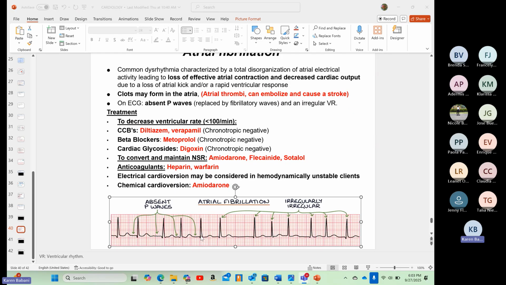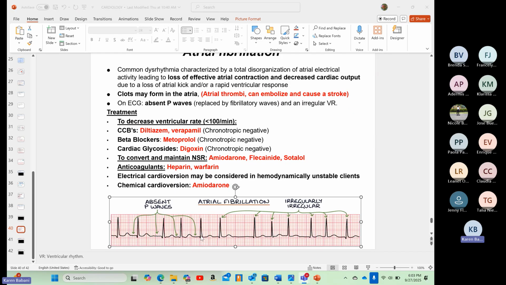Like I said, they're also irregular. I think that's mostly it. You will have a QRS complex, yes, and you will have a T. The most characteristic thing is no P. The PR interval, obviously, since there's no P, you cannot determine whether or not there's a PR interval.